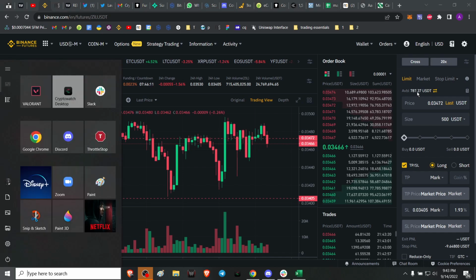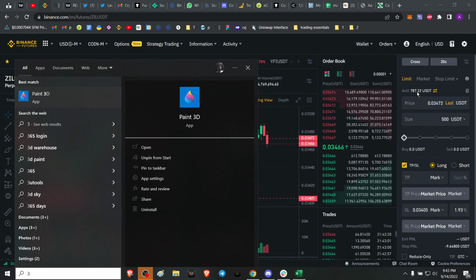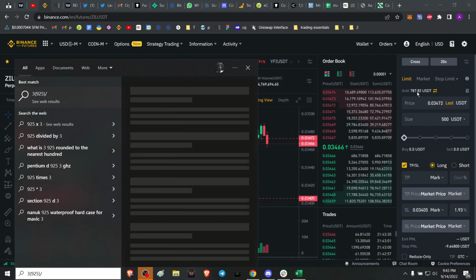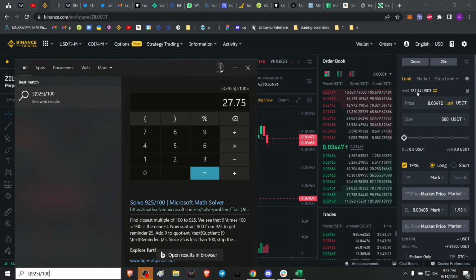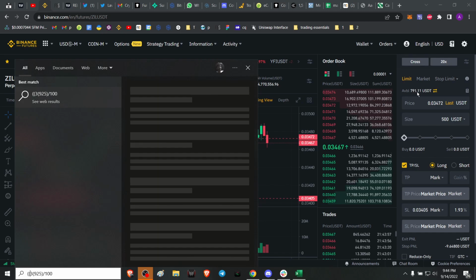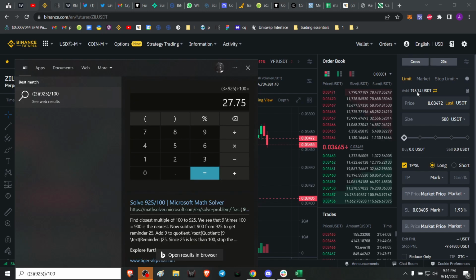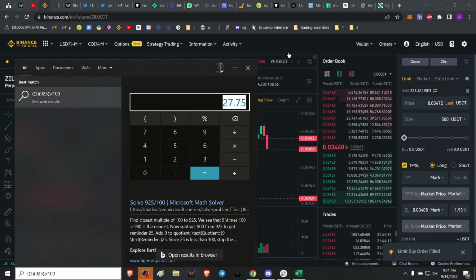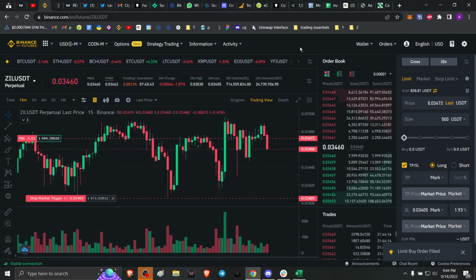If I were to risk 3% of 925, that would indicate 925 divided by 100. So I'm only risking $27 for the Zilliqa trade. So even if the stop loss does get triggered, I'm only going to be losing $27. That's how you use risk management.